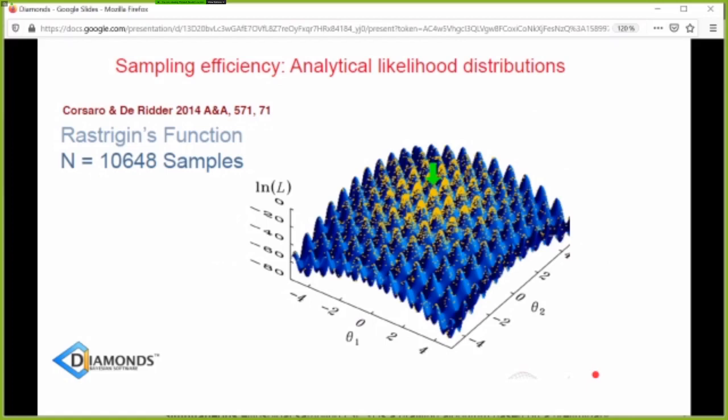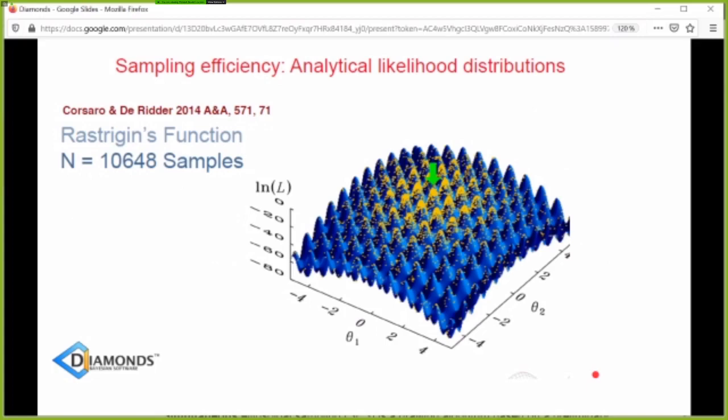And the Diamonds code proves able to quickly recover the position of the global maximum of the distribution, which would be impossible with Markov chain Monte Carlo, or would be very, very difficult. As you can see here, it takes only 10,648 samples to find the maximum of the likelihood function.